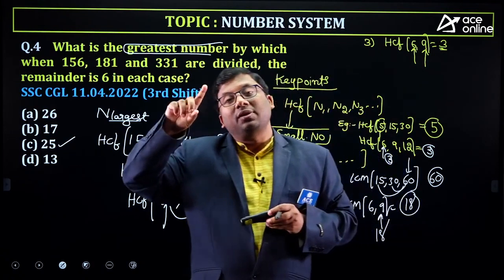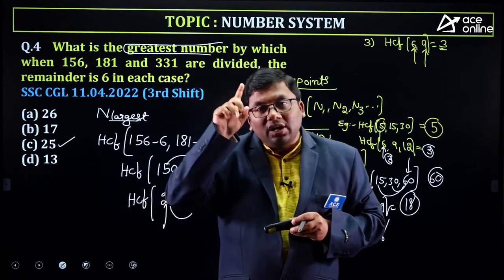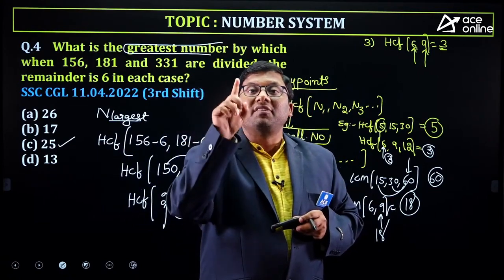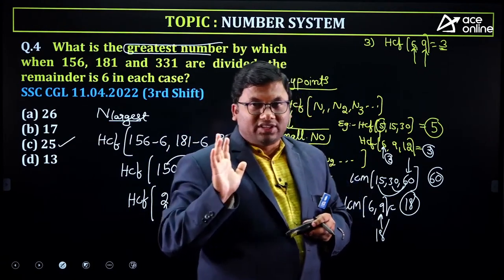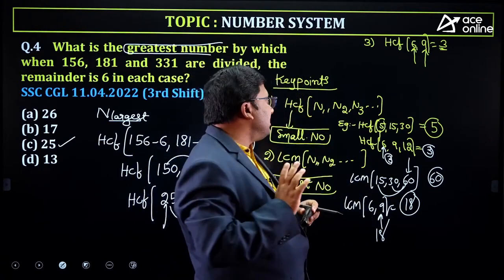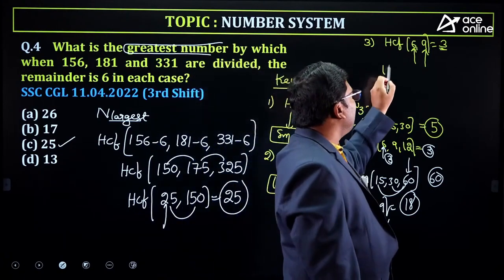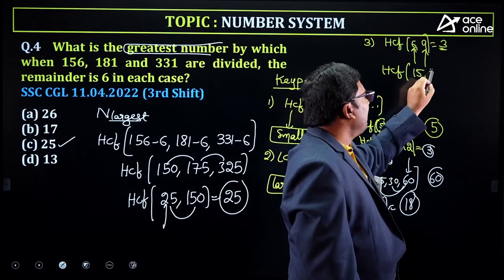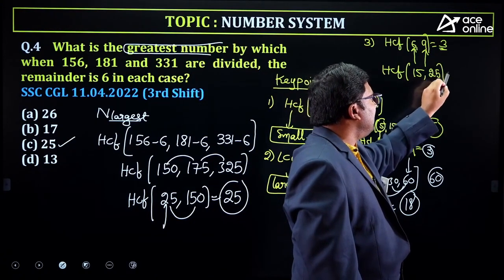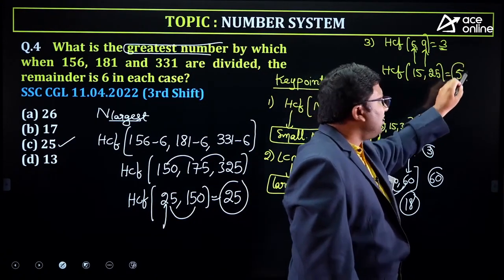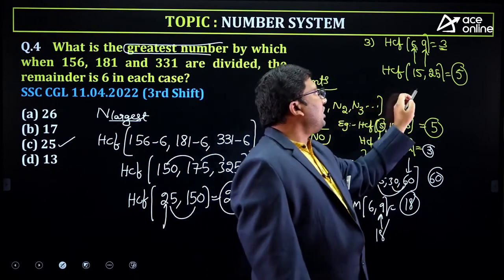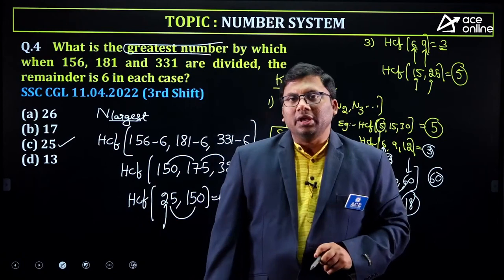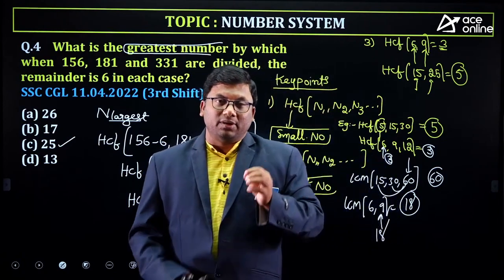Answer will be divisible by 3, right? Only when you are doing the HCF function, every input number should be divisible by 3. Instead of 3 it can be anything. HCF of 15, 25 is 5. Answer is divisible by 5, so every input number should be divisible by 5.